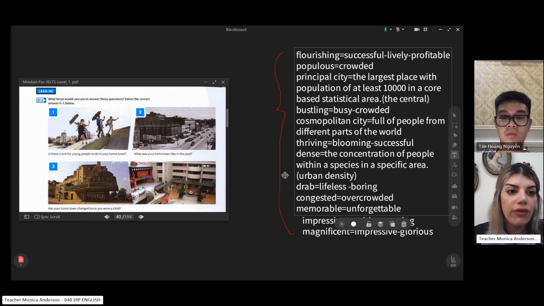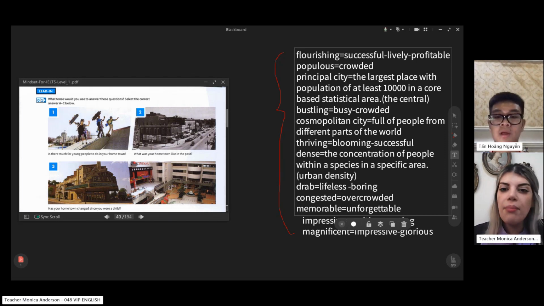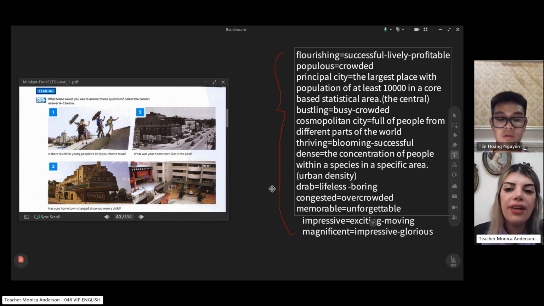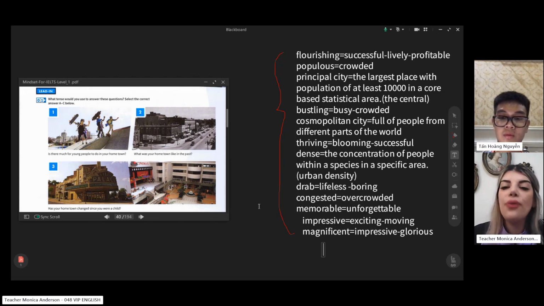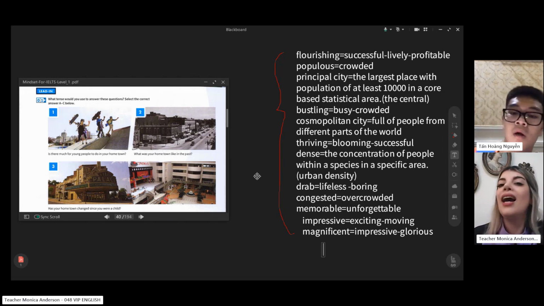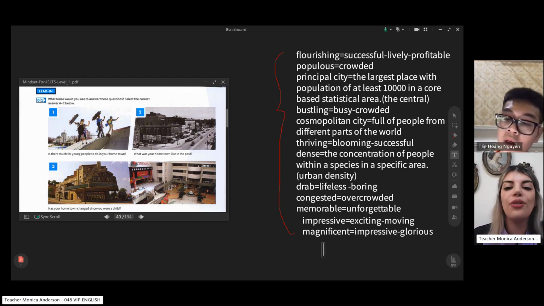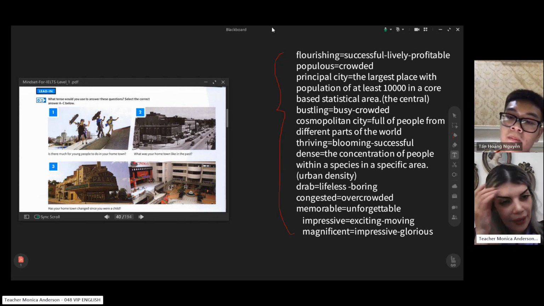Congested, overcrowded. Memorable, unforgettable, impressive, exciting, moving. And magnificent means very beautiful, impressive, glorious. Get it? Now I want you to describe your hometown again using the words we learned.